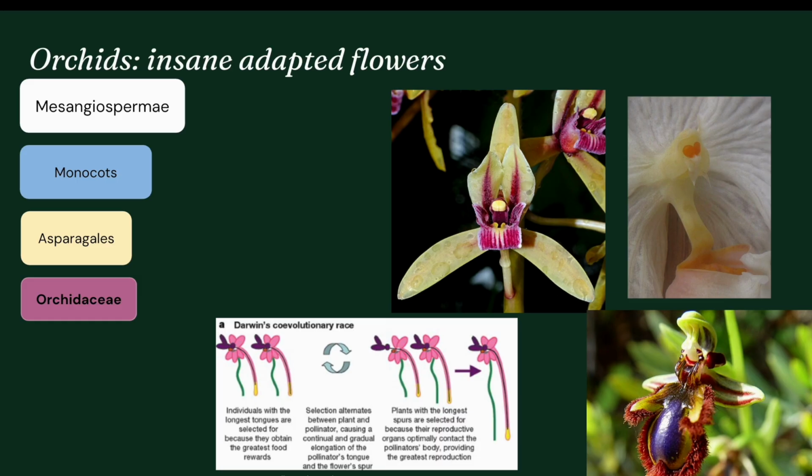Specifically, it has to deal with pseudocopulation. The flower tricks its pollinator by pretending it is a member of its species, and the pollinator will try to mate with the flower, thinking that it is a member of their species. And this is called pseudocopulation. In the process of trying to mate with the flower, they pick up the pollen. So, yeah.